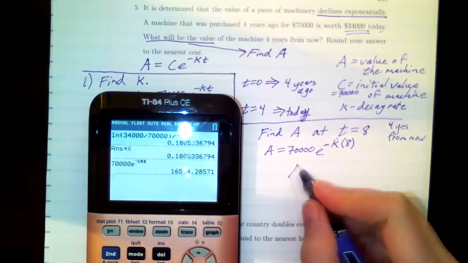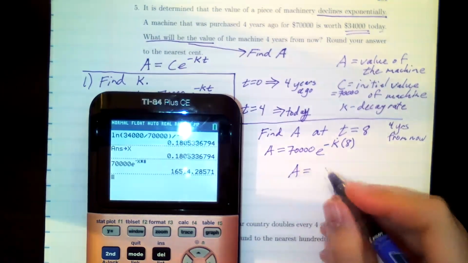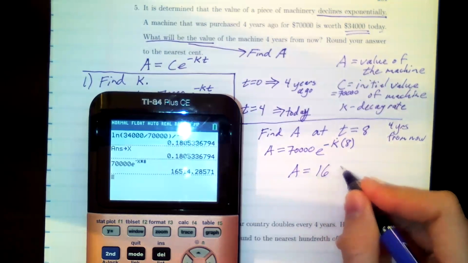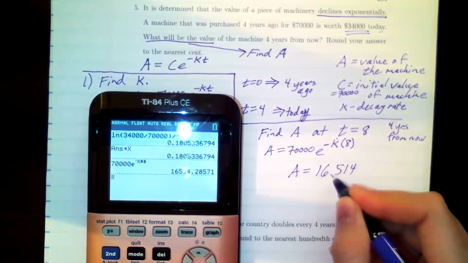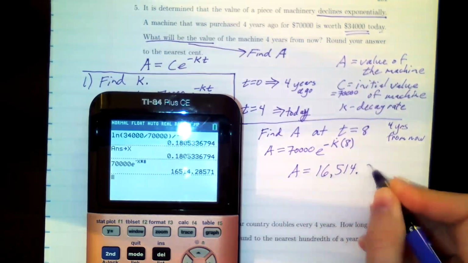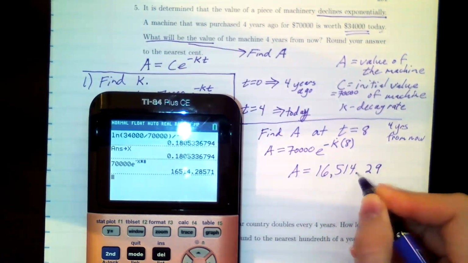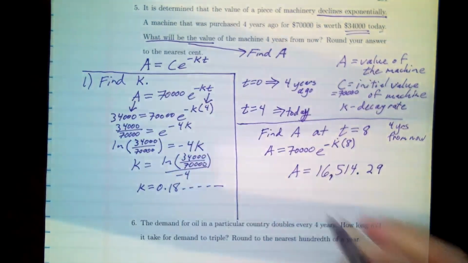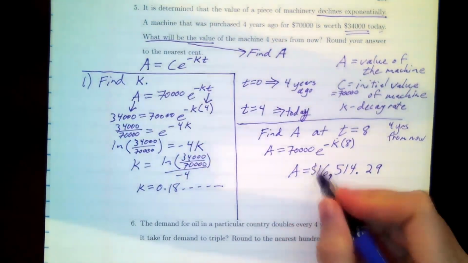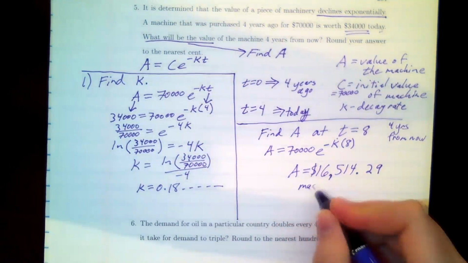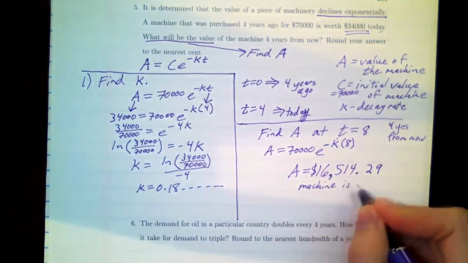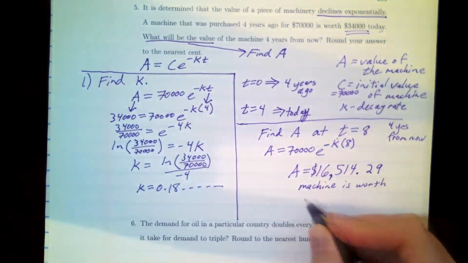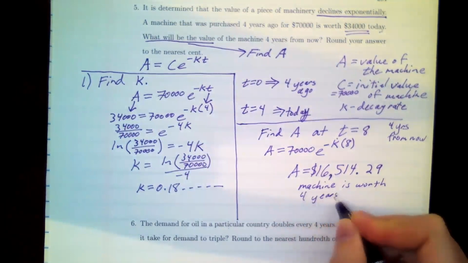We get A, and this is money, so we round to 2 decimal places, is $16,514.29. That's how much my machine will be worth four years from now.